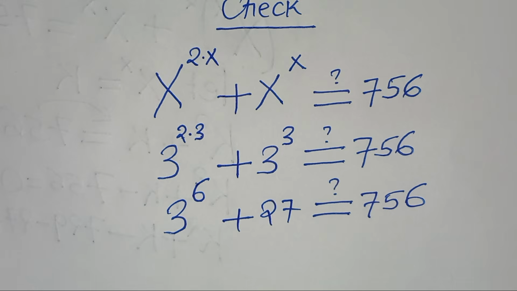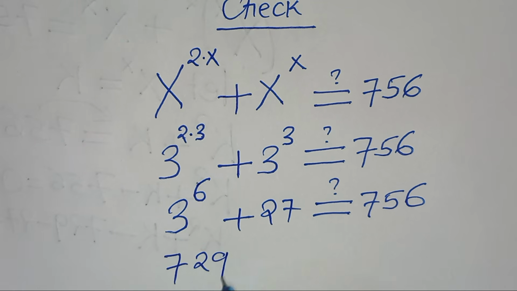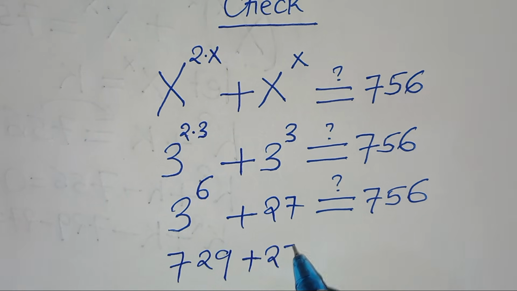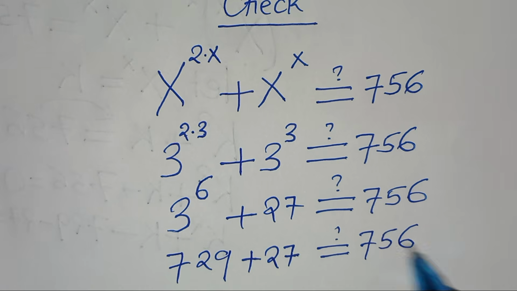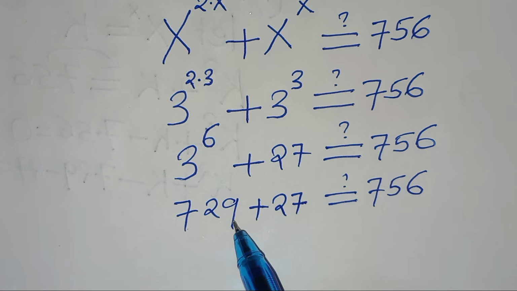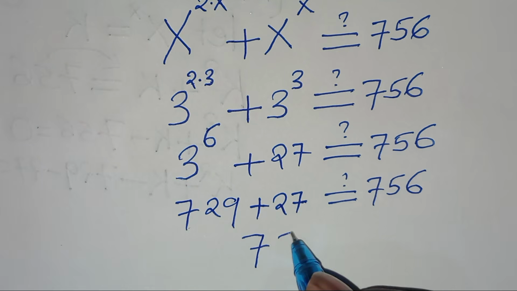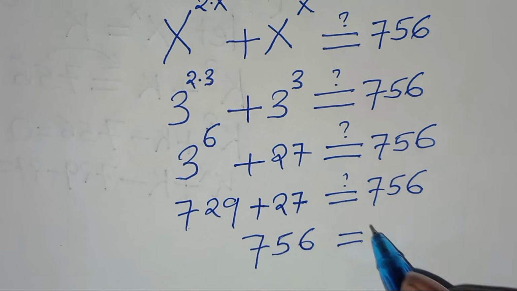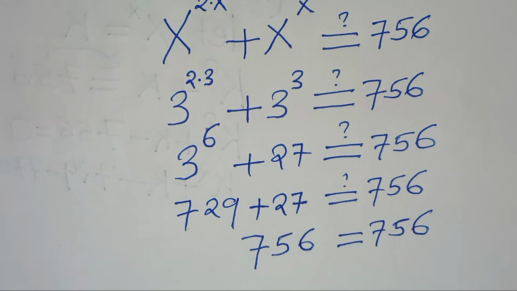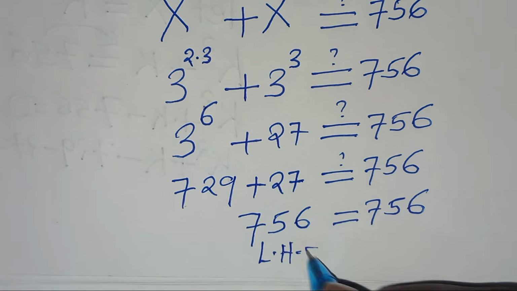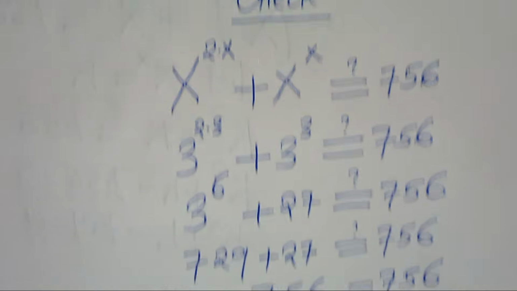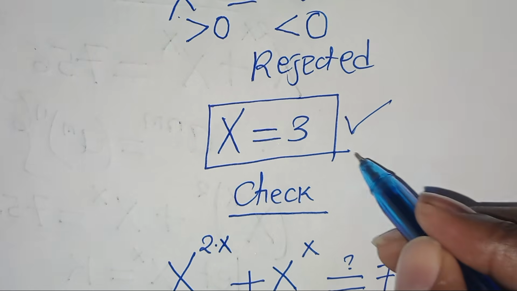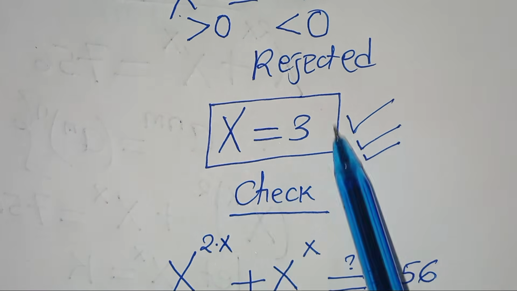So we have 729 plus 27, which is 756, equal to 756. This means the left hand side is equal to the right hand side, and this affirms that the value of x here is equal to 3. So we have only one solution here, which is 3.